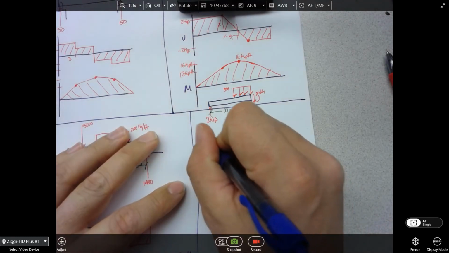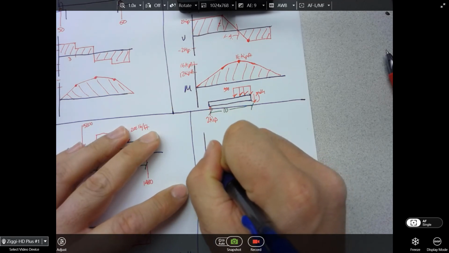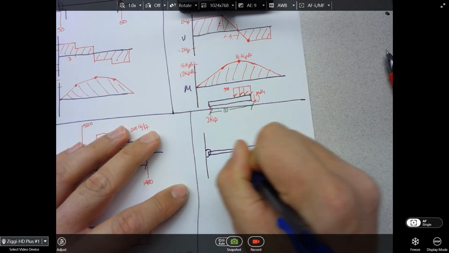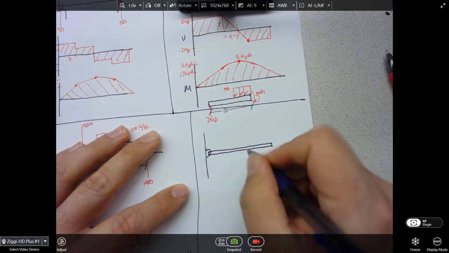Sometimes we have a beam that comes out of a wall like this.